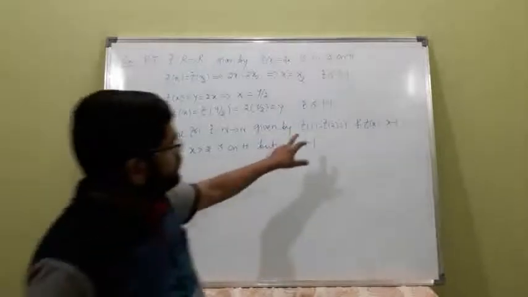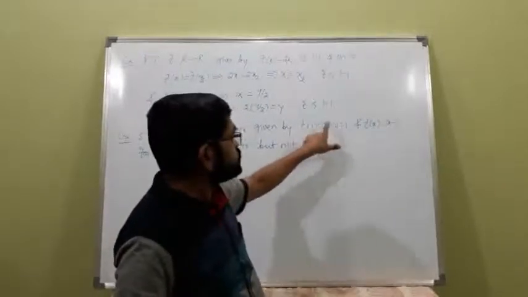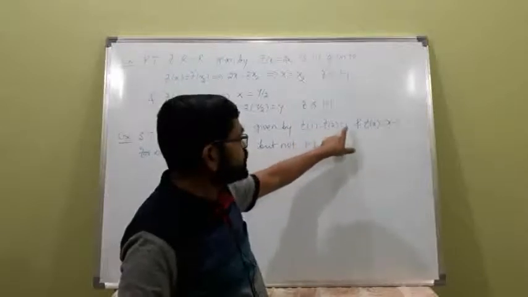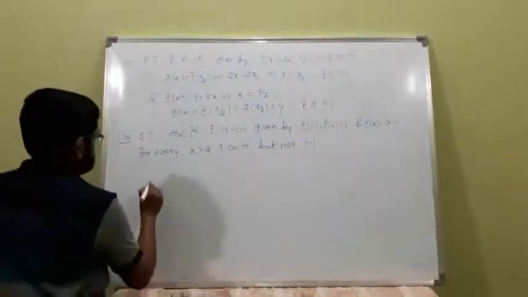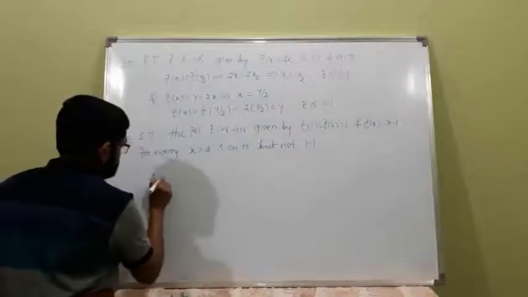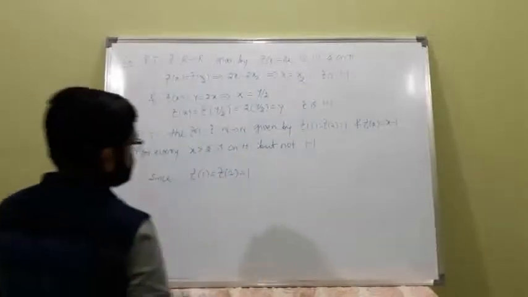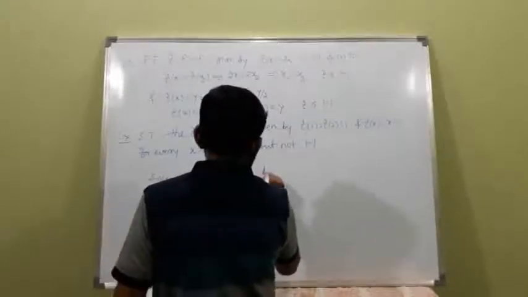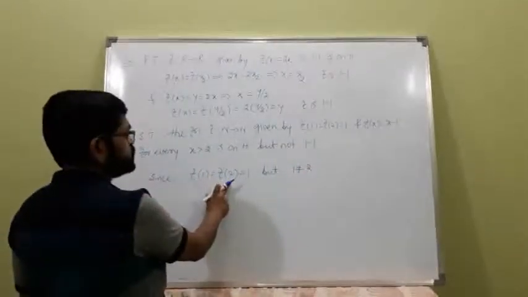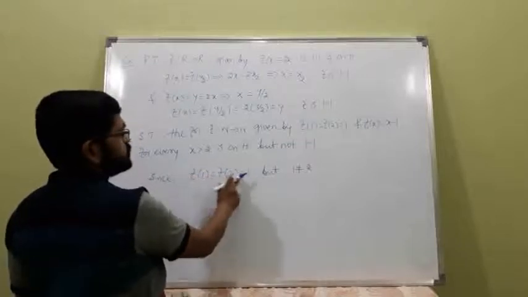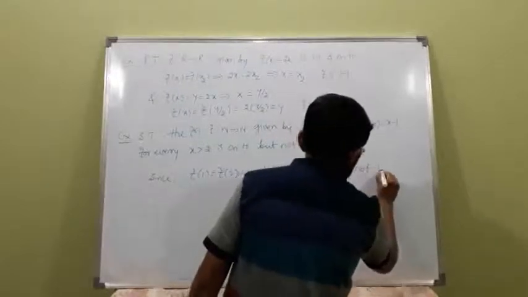See clearly, f of 1 is equal to f of 2 is equal to 1, so this is not 1 to 1, because f of x1 is equal to f of x2 should imply x1 is equal to x2, but 1 is not equal to 2. Therefore, f is not 1 to 1.